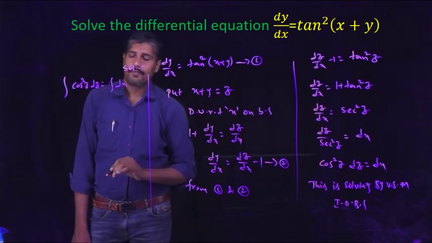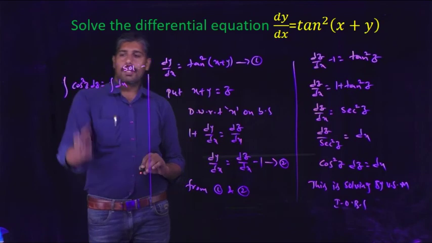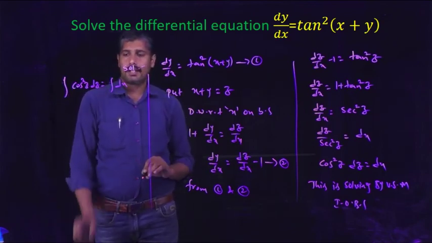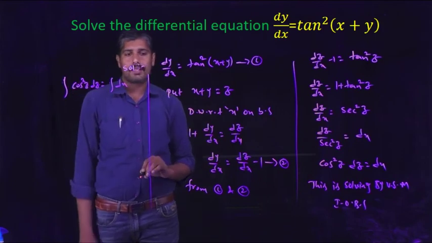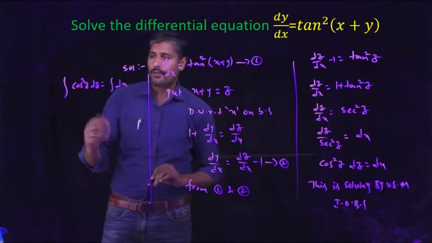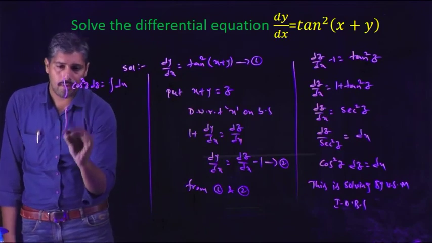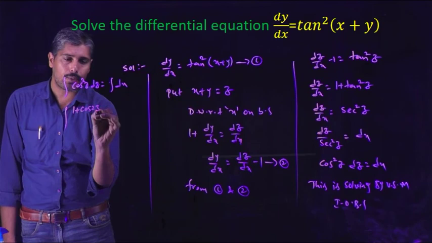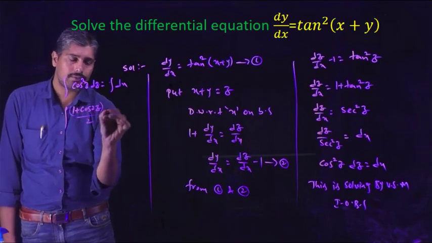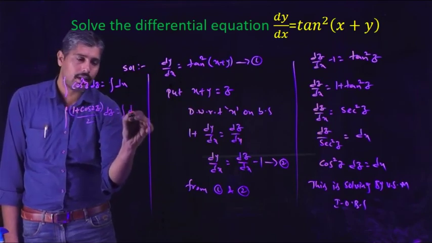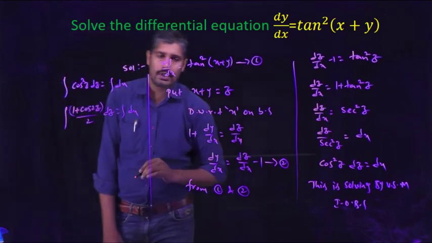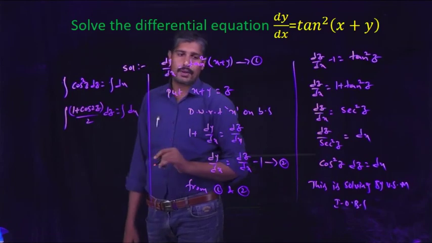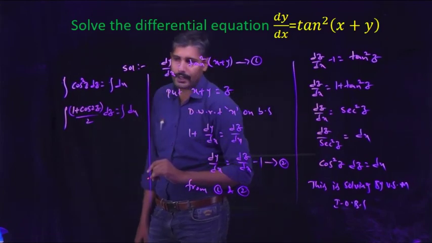We know that the integral of secant square z is tan z, but for integration of cos square z there is no direct formula. We convert cos square z into 1 plus cos 2z by 2 into dz, integral dx. We know that cos 2z equal to 2 cos square z minus 1. That's why cos square z equal to 1 plus cos 2z by 2.